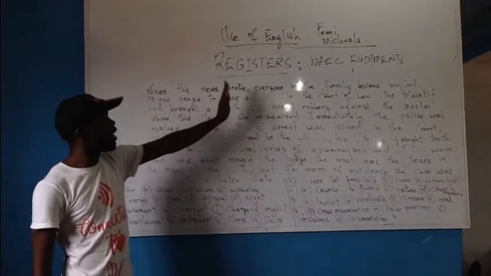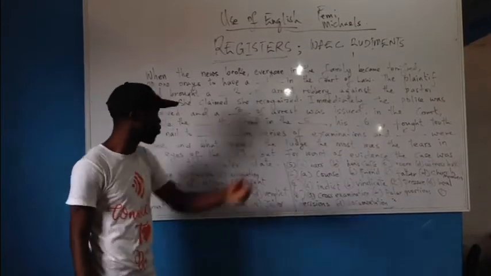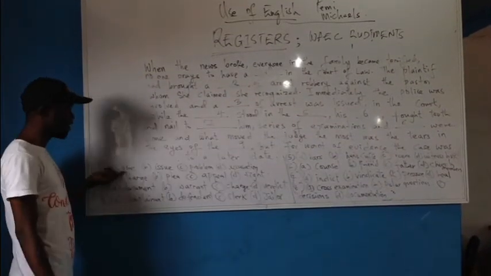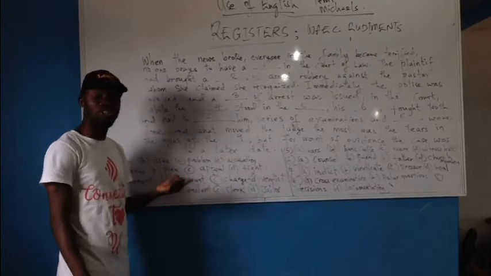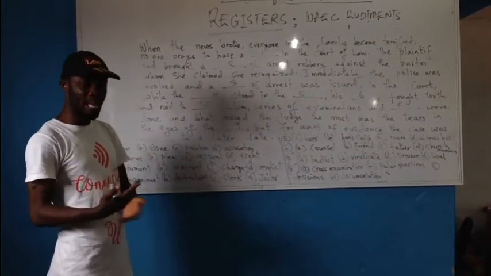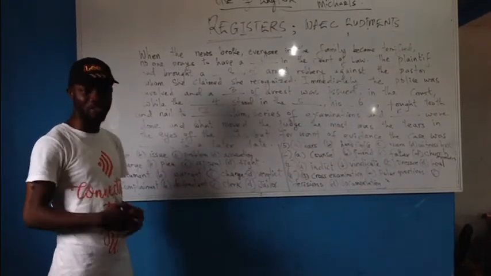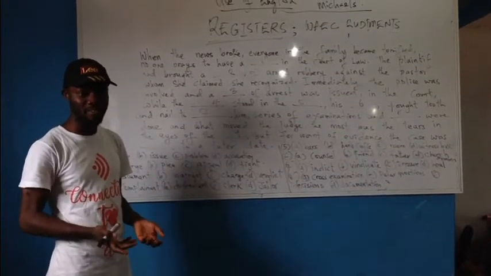When the news broke, everyone in the family became terrified. No one prays to have a dash in the court of law. Is it a case? Is it an issue? Is it a problem? Is it an accusation? Under elimination method of picking answers, it is logical. But there are some people, I don't know how they pick their answers.